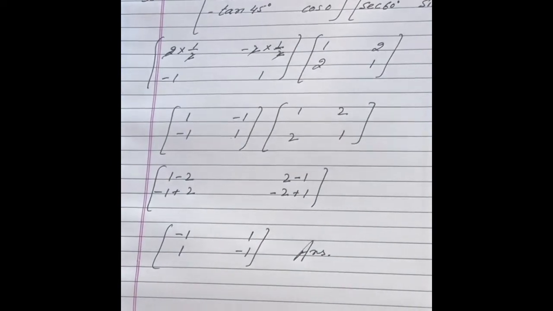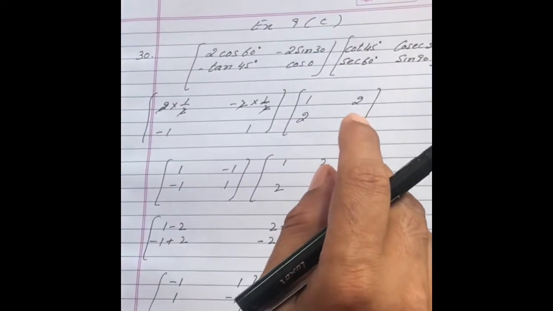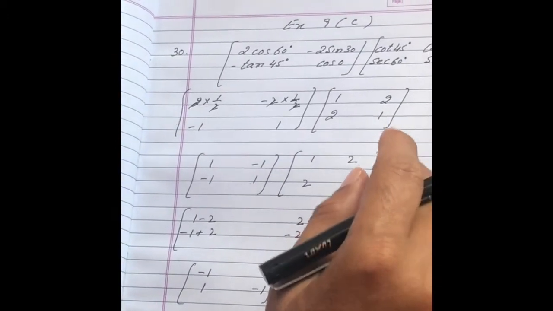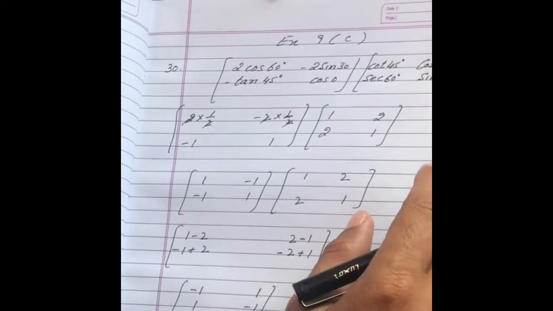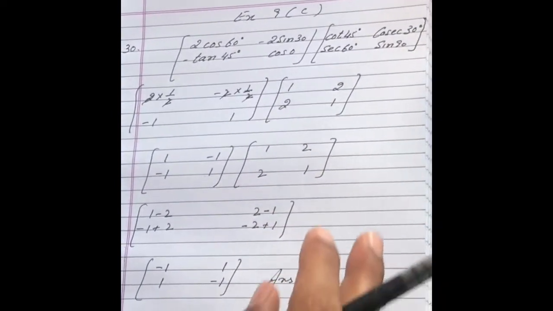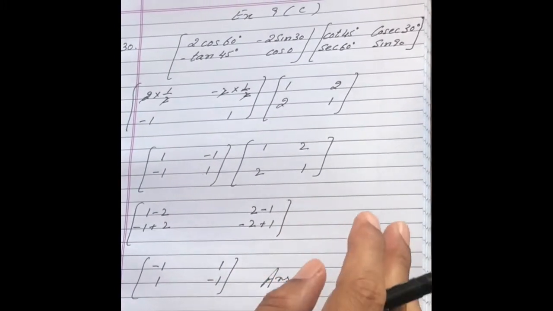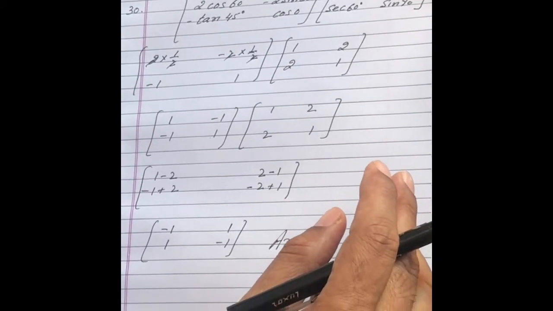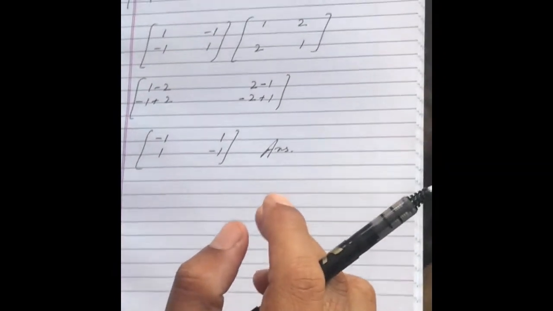So you just have to put the values and multiply as we do it. Then 9D. This is a revision exercise of 9A, B and C. It's for you. Only 1 or 2 questions I will do. Question number 4 is an important one.